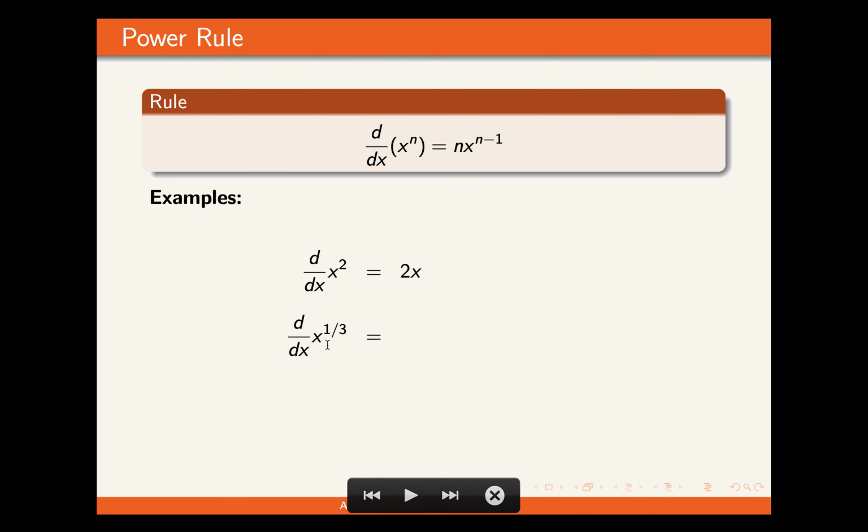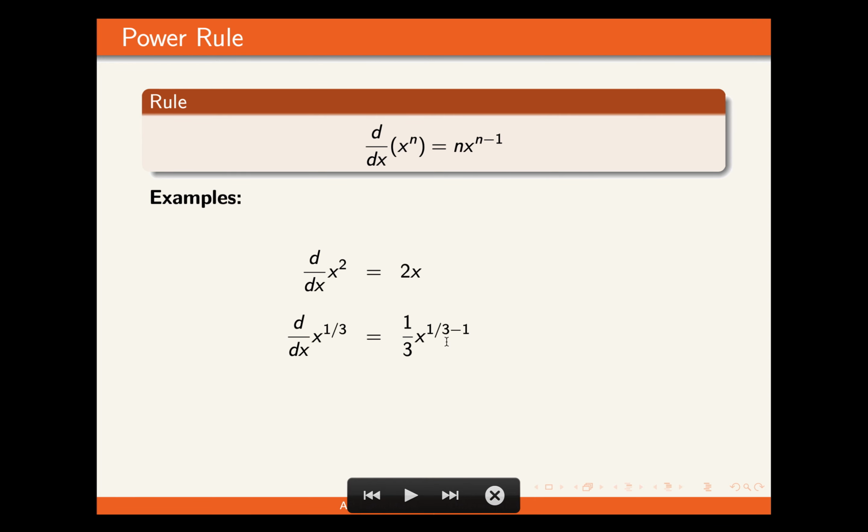Similarly, the derivative of x to the power 1/3 will be, can we use the power rule here? Yes, definitely. Why? Because this is again a power function, because in the power we have a real number. So let's apply the power rule: bring the power down, which is 1/3, write down x as it is, and subtract the power by 1.